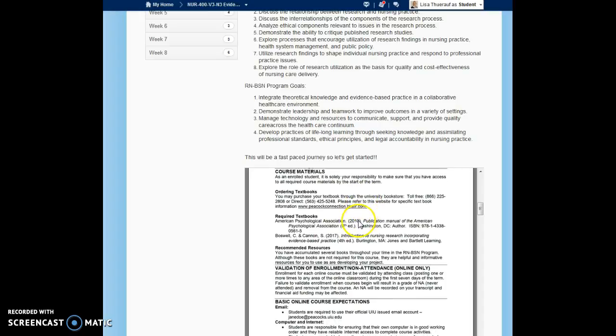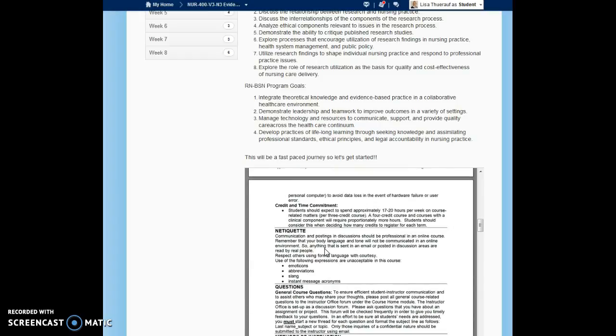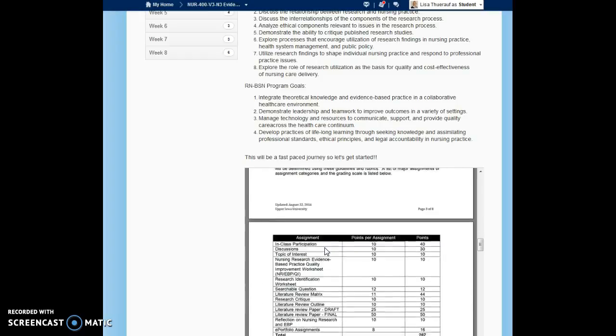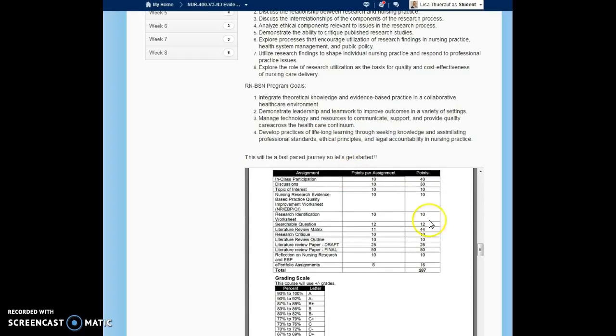So as far as textbooks go, you should have the APA 6th edition, and you should have Boswell and Cannon 2017, Introduction to Nursing Research Incorporating Evidence-Based Practice. We will use this book a lot throughout the course, along with other reading materials, so make sure you have the book. This is all this other information, like I said. And then here are all the assignments.